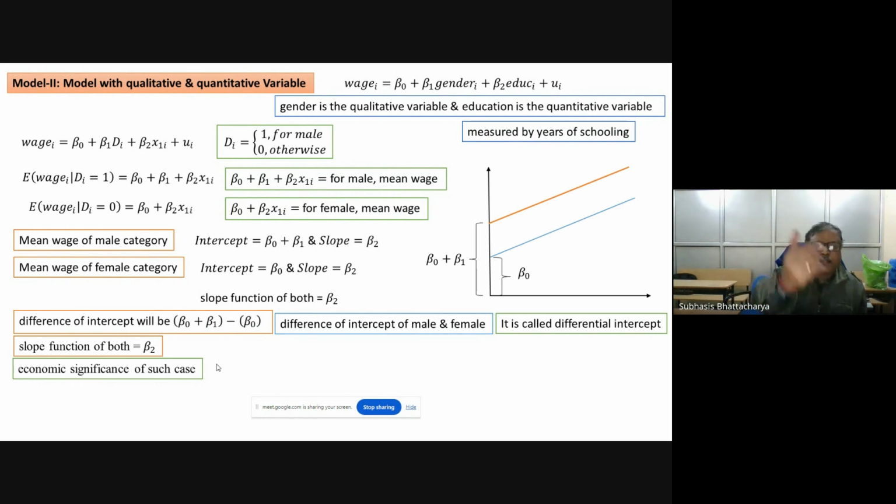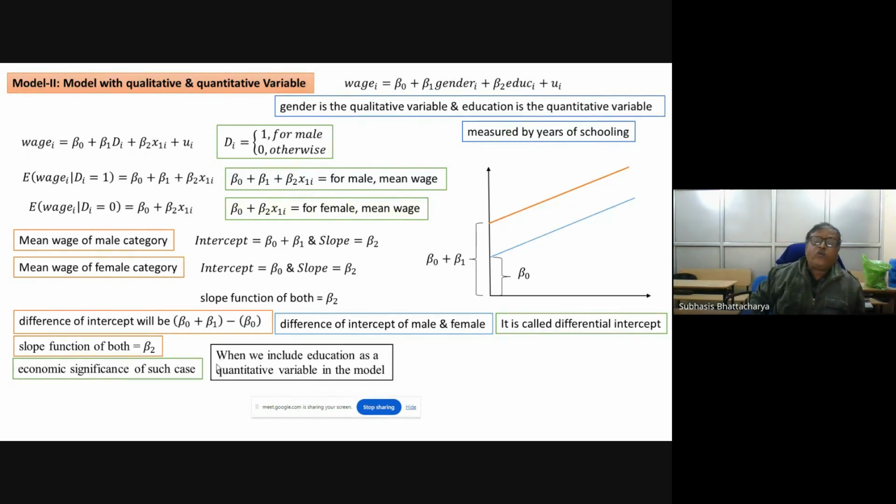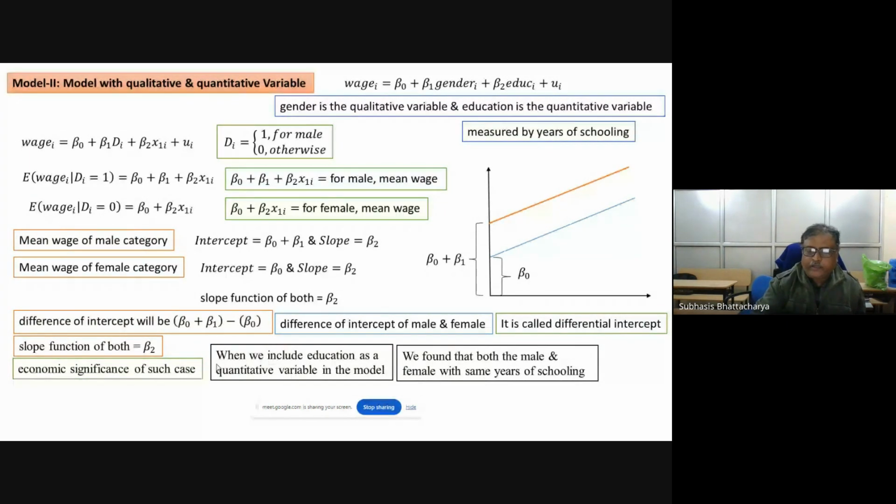So the economic significance, what I'm telling you, is that when we include education as a quantitative variable in the model, we found that both male and female with the same years of schooling have the same increase in wage, but there are differences in intercepts. That means a boy or a girl with an equal amount of education, for an extra year's increase in education, the increase in wage is the same, and the intercept differentials are there.